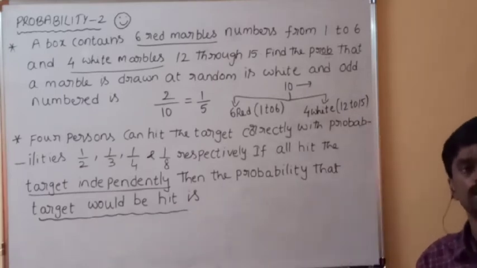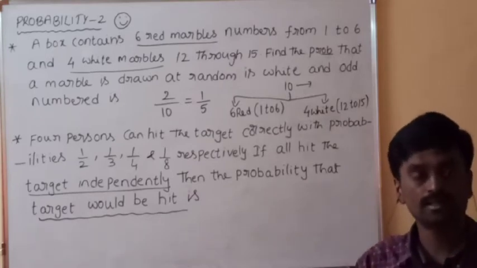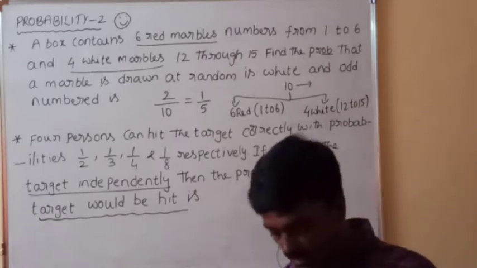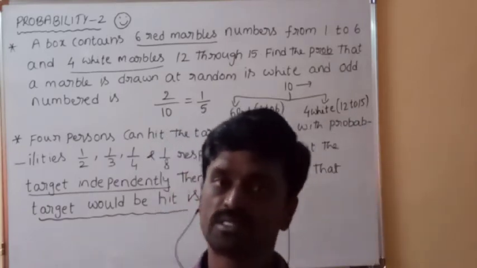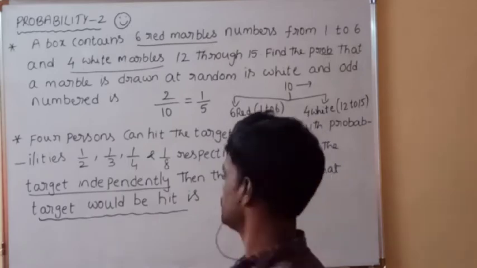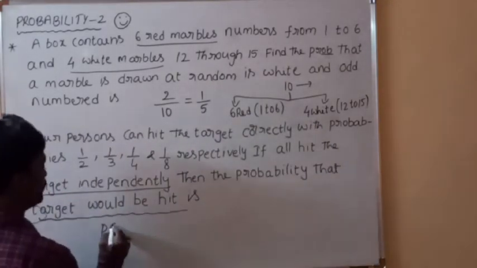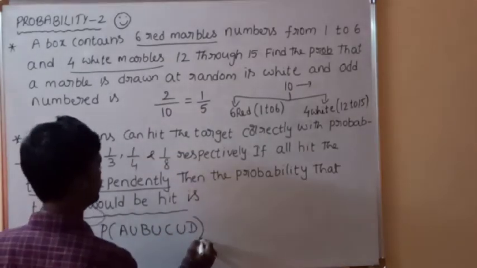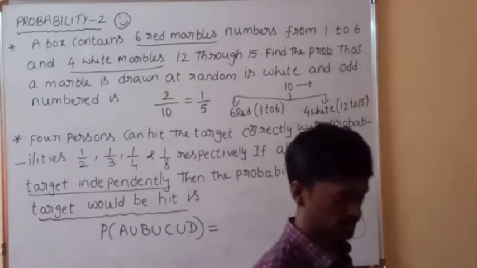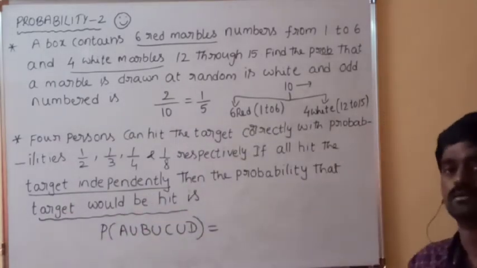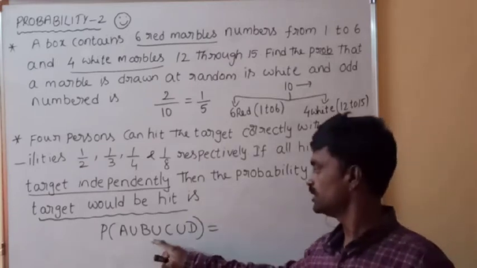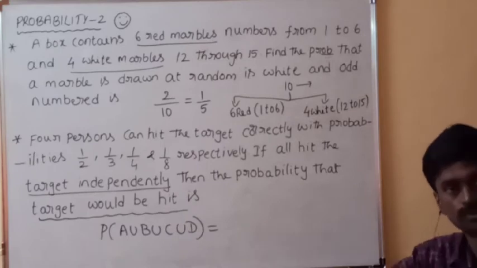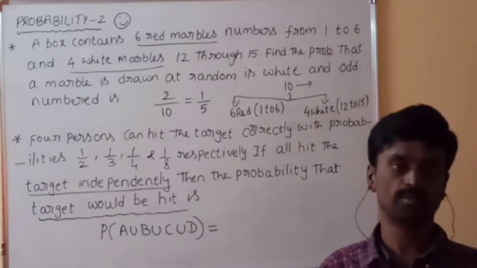So we have to find the probability that at least one of those persons hits the target, that means either A or B or C or D. So we have to find the probability of A union B union C union D. There is a formula for this, but instead of using it, go through the indirect method.